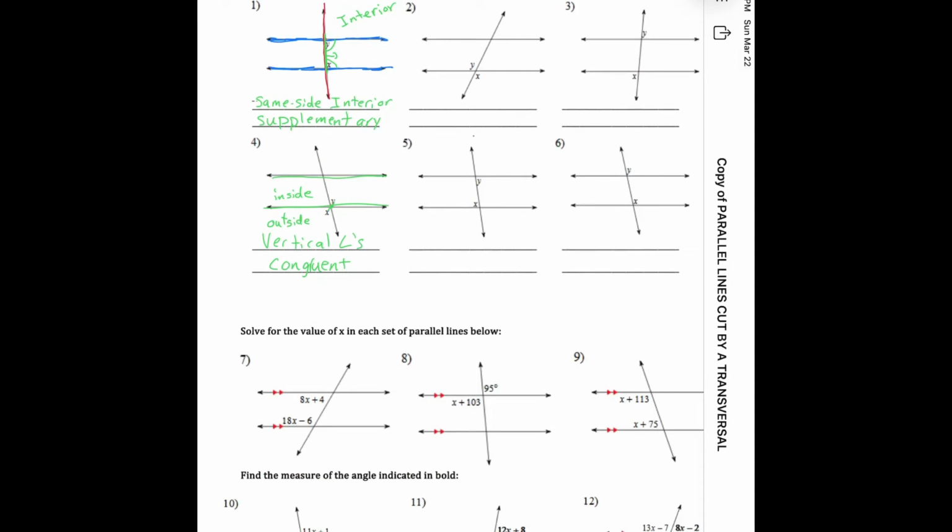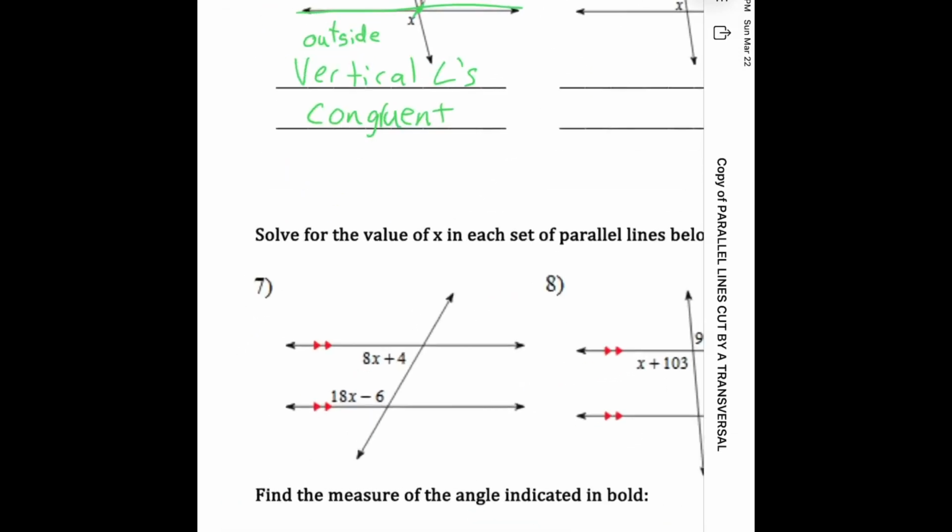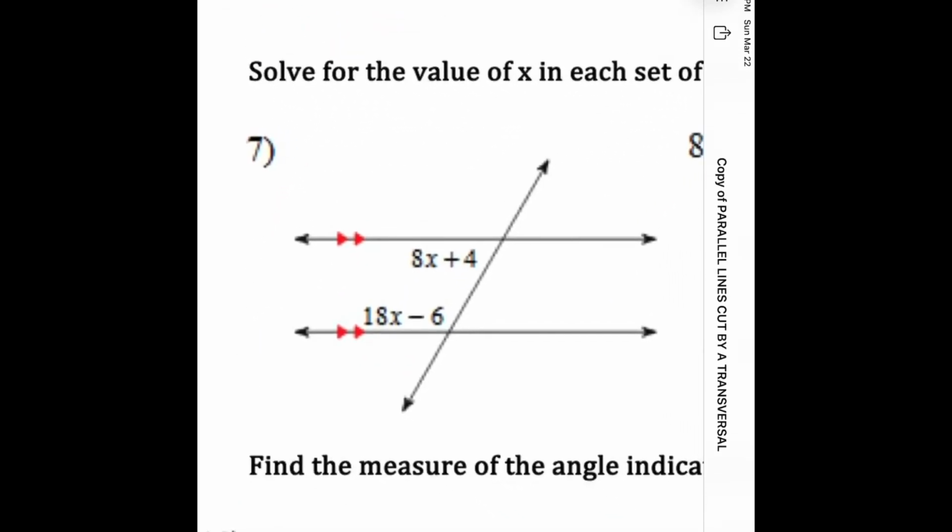7 through 12, we had to, well, we did not have to, but it helps to identify and say what kind of angles they are, and then set it up to solve for x. So let's do number 7. Number 7, what kind of angles are these?